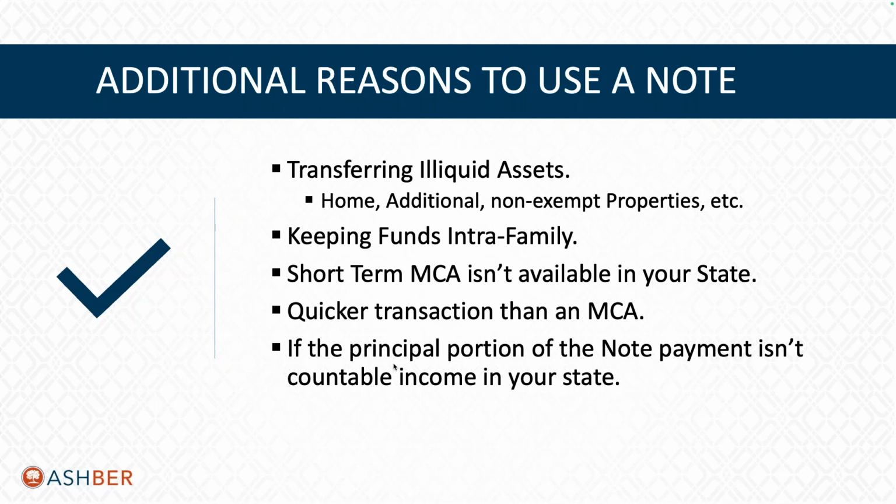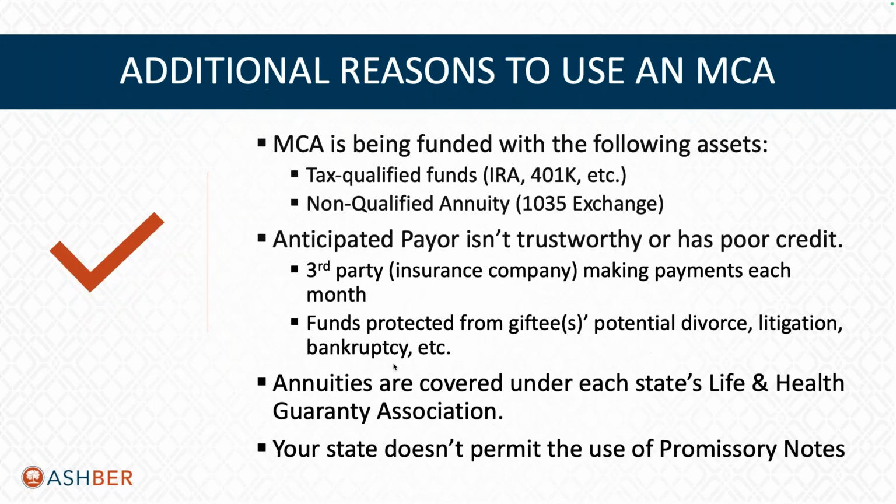Whereas with the annuity in that situation, typically it's universal that the annuity payment is 100% countable income. So that's only a handful of states, from my understanding. That may not be the vast majority of states that allow promissory notes, but that is a thing out there in certain states where you can do something like that.